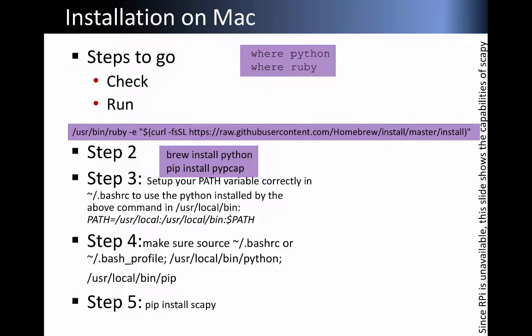So, installation steps. We need to first check if there are two things, Python and Ruby. You may be able to check on your Linux operating system. This is a command: where Python. Then you will be able to see whether you have it or not.